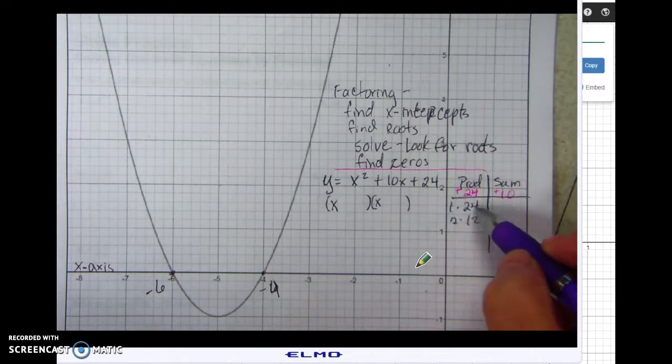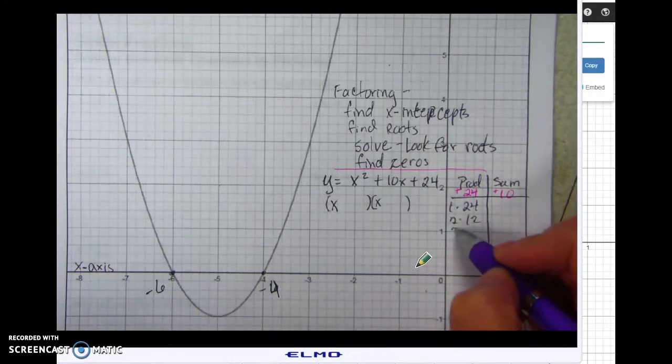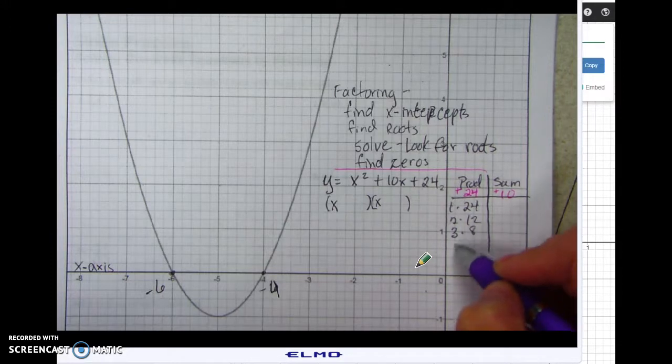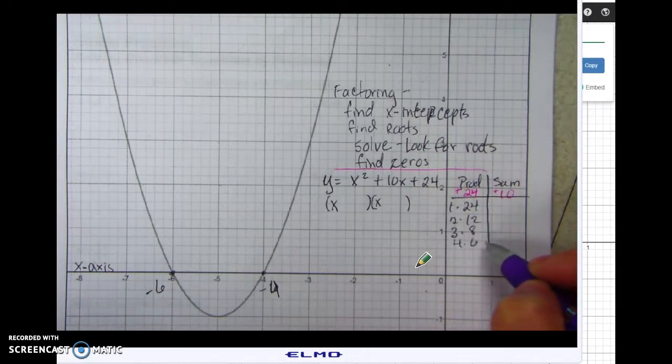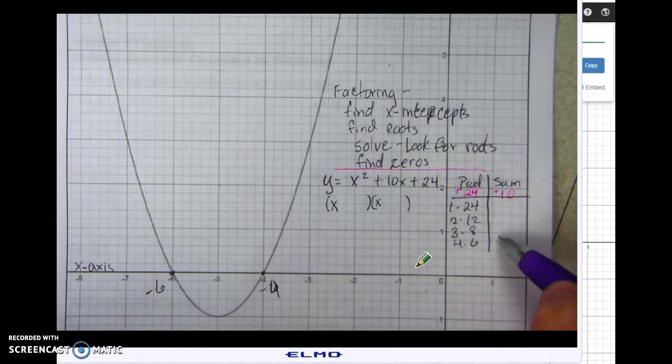So we have 1 times 24, 2 times 12, 3 times 8, 4 times 6, 5 doesn't work, 6 times 4, it just goes backwards, 7 doesn't work, 8 times 3, it's going backwards. So from that point, we don't need to write any more combinations.